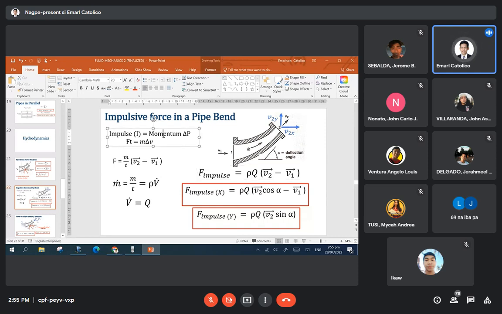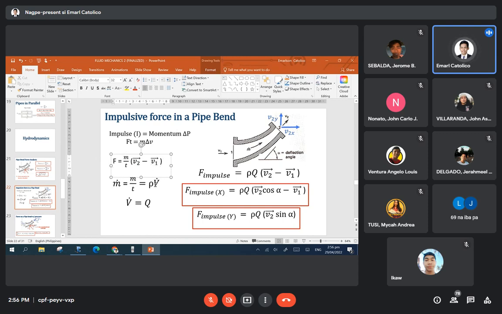Nanggaling yan sa formula ng momentum where impulse is equals to momentum. Formula ng impulse is mass times delta V. Where yung force is mass over time times V2 minus V1. So itong time, dinivide mo lang dito, tapos yung delta V, expand mo lang.